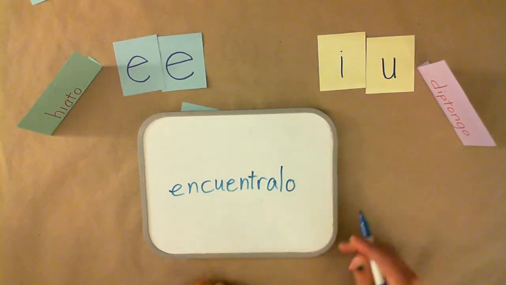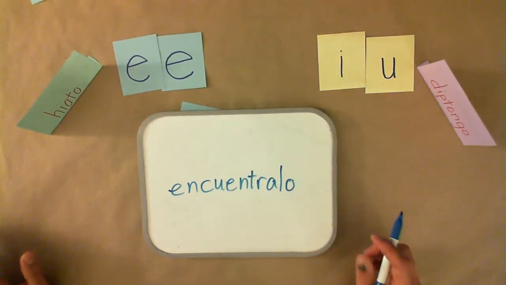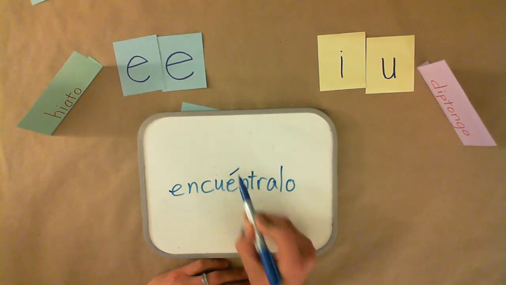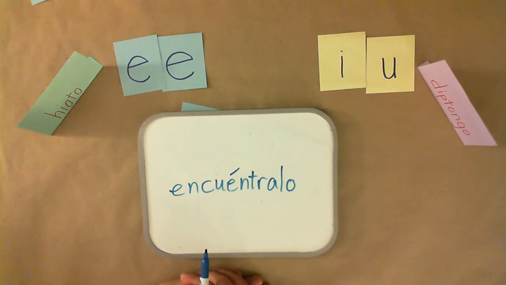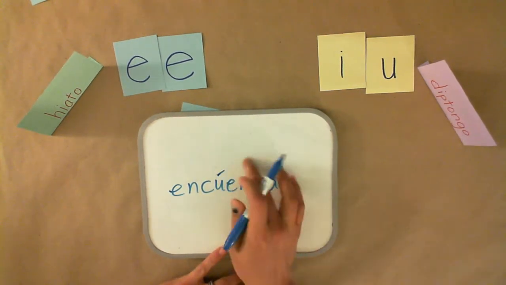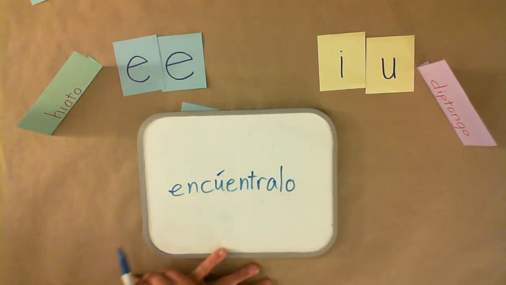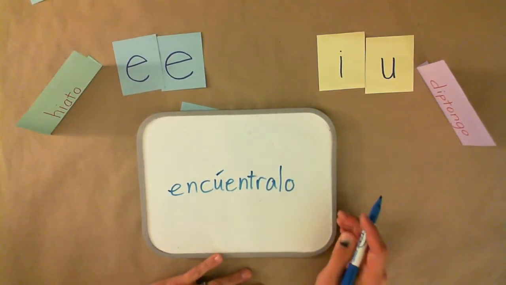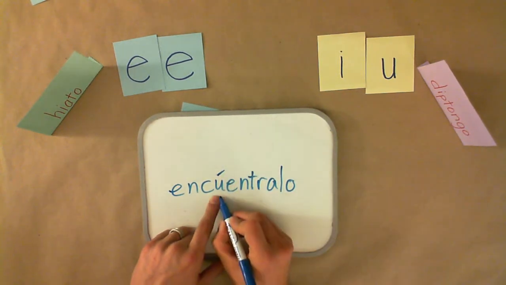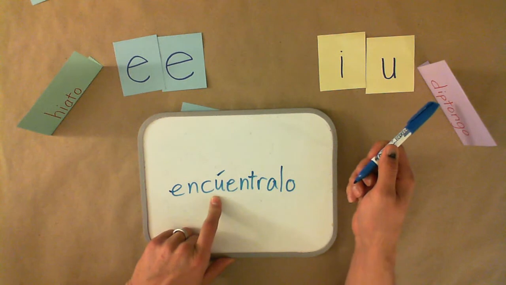But what if we say encuéntralo? Now this is 1, 2, 3 from the back. That's an esdrújula. Now many people will get confused and do this kind of thing because they hear the accent back here. But we don't. If we were to put it on the u, then we would be following the romper diptongo rule.